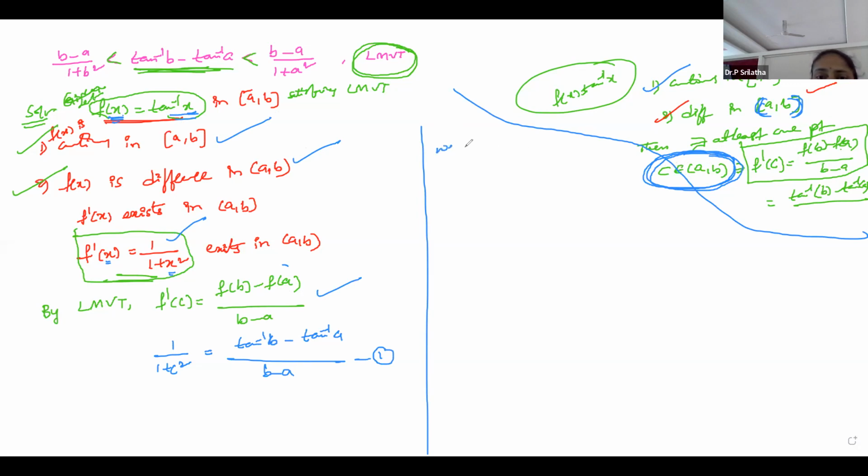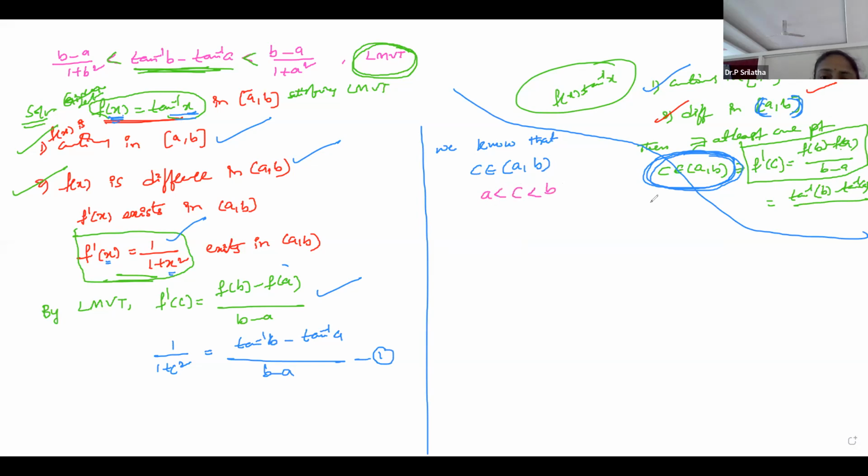So we know that the leftover condition is c belongs to the open interval (a, b). What is the meaning of c belongs to the open interval (a, b)? a is less than c is less than b.